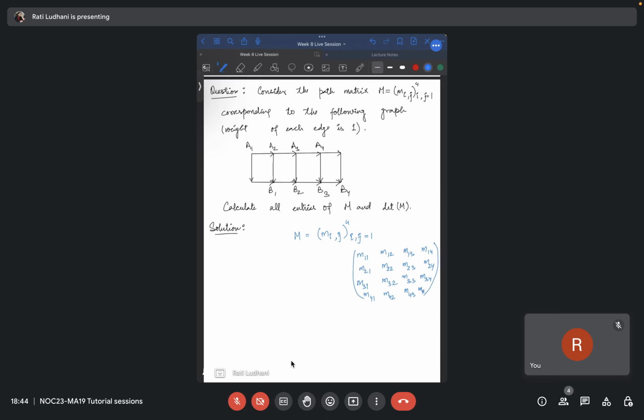So let's see. Firstly, if you just want to find the determinant, then it is enough.